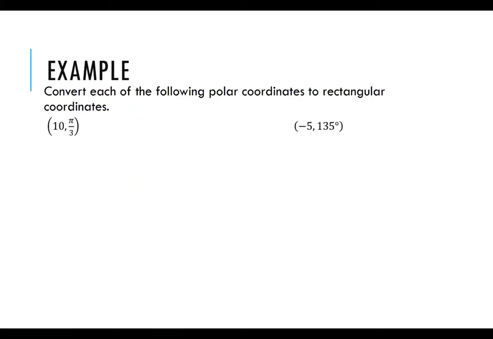Now going the other way, let's say that we want to convert polar coordinates to rectangular coordinates. Truth is going from polar coordinates to rectangular coordinates is much, much quicker, because all you have to do is use our definition of x and y, where specifically x is equal to r cosine theta, and y is equal to r sine theta, and then we get our rectangular coordinates very quickly.